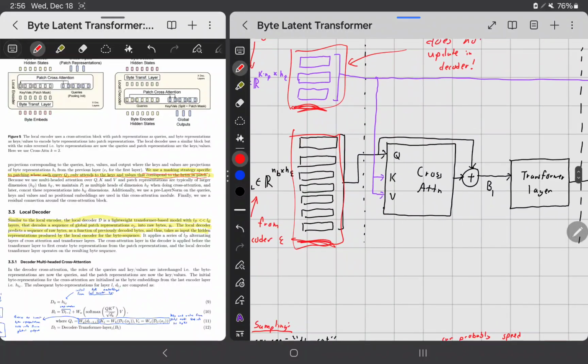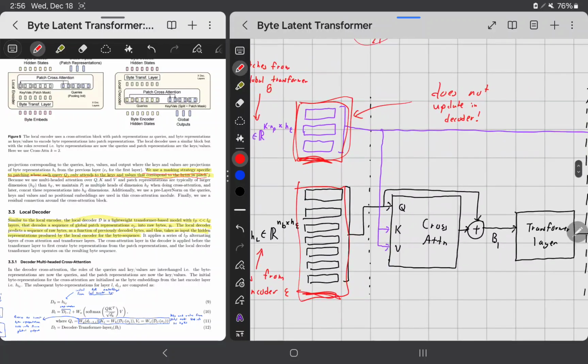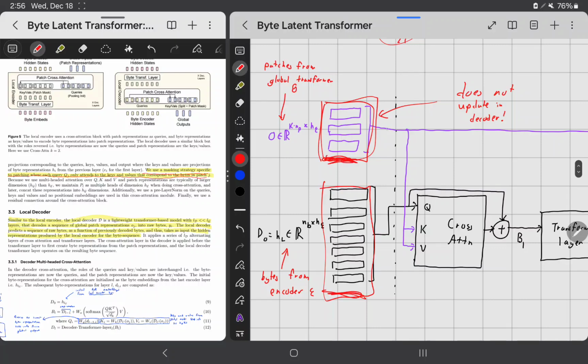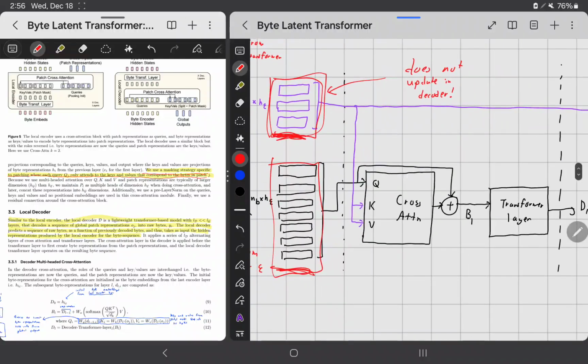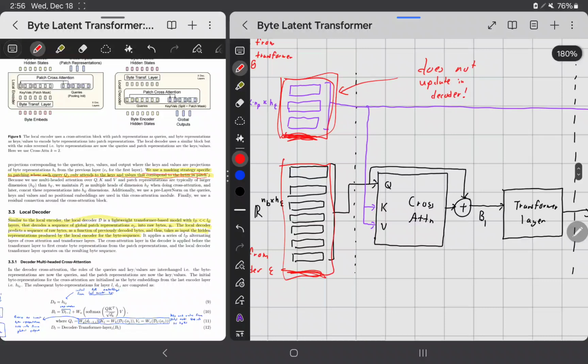We then have cross-attention. So basically, this part of the sequence isn't going to be updated at all. The patches are just sending information. They're not updated whatsoever. Like in the encoder, you had both being updated in some way. Here, you don't have it being updated at all. It's static, sending information. The bytes, on the other hand, are being updated in 2 ways: cross-attention and transformer layers.